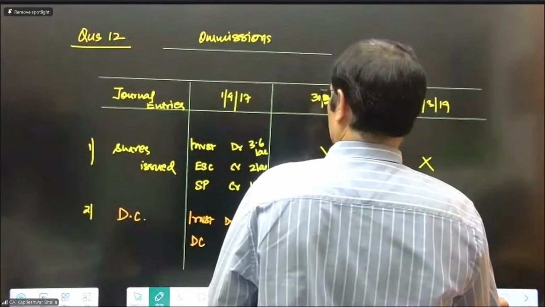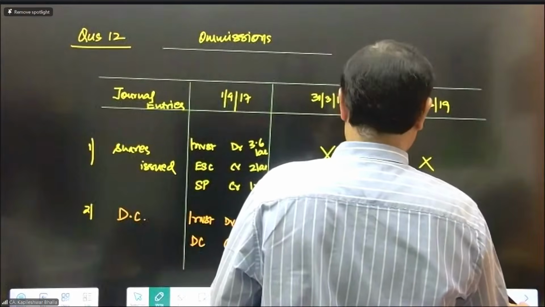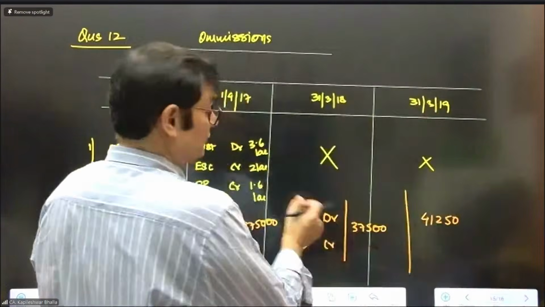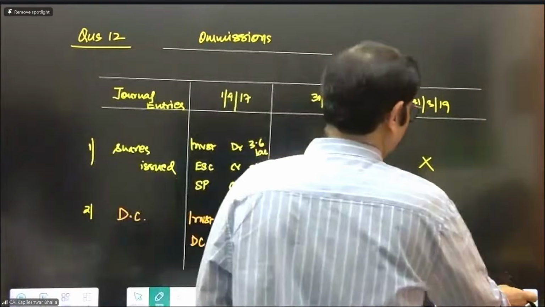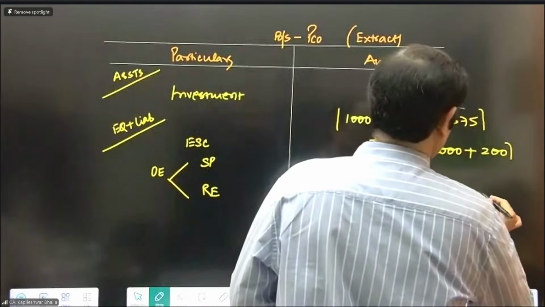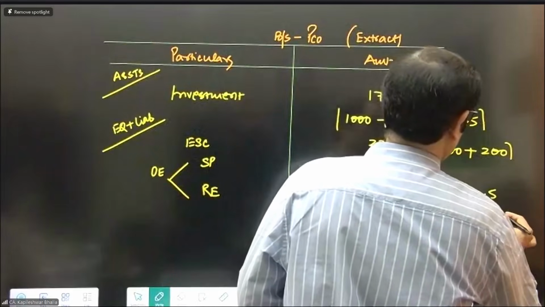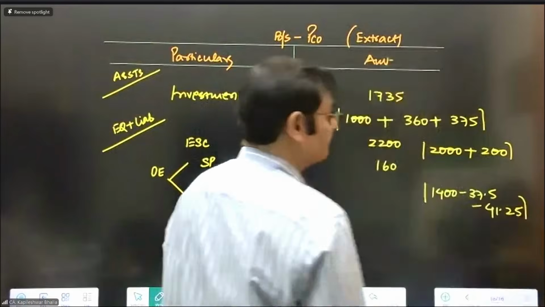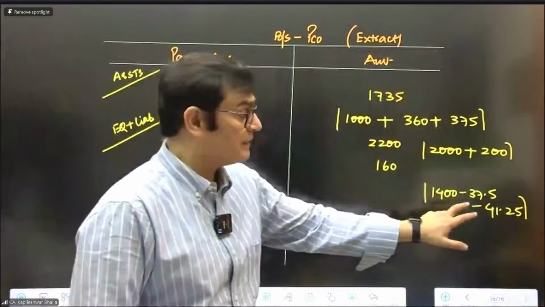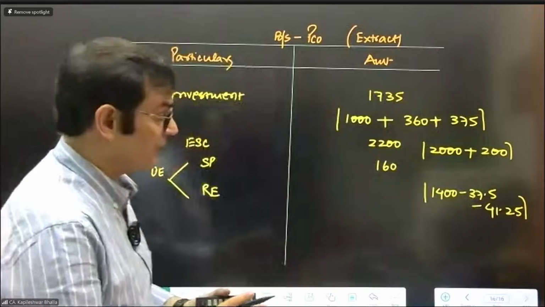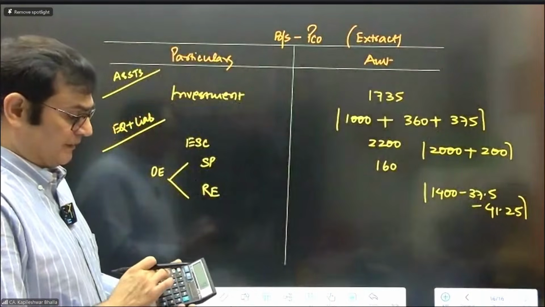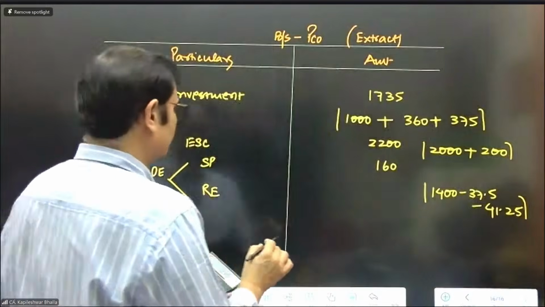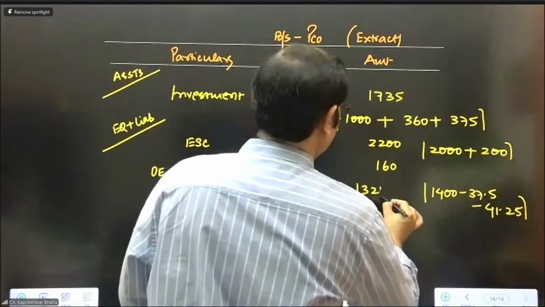And we've taken a hit on the finance charge, that is in terms of thousands, 37.5, 41.25. So the finance charge is getting adjusted in terms of retained earnings. So less the finance charge for 1 year and 2 years, that's 1321.25.